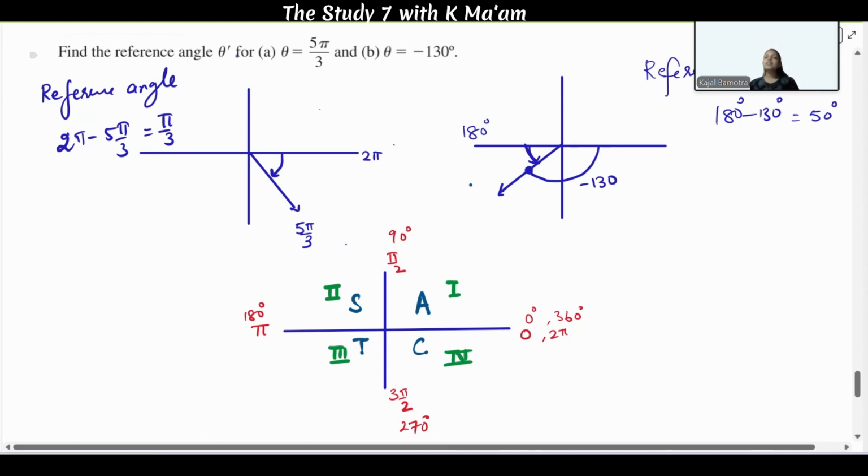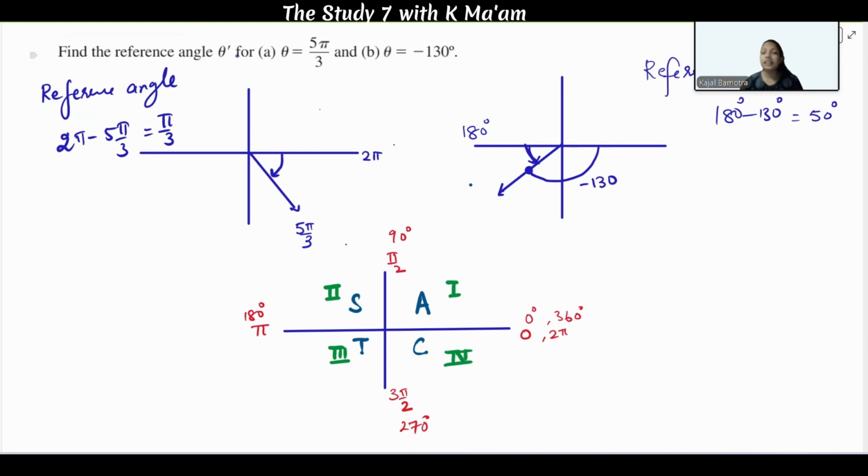S is sine. Sine and the reciprocal of sine will be counted. So in the second quadrant, sine and the reciprocal of sine, which is cosecant theta, these two values are positive. T is tangent. So you have tangent theta and the reciprocal of tangent is cotangent theta.